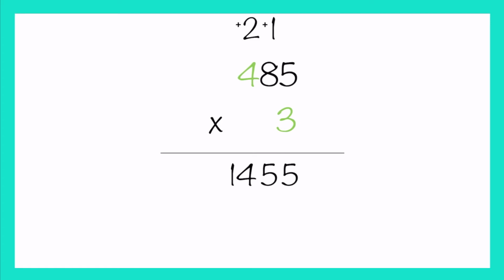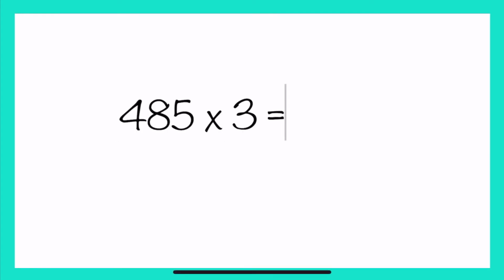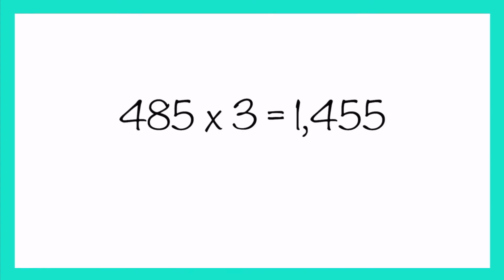And since we don't have anywhere to carry my 1 to, I'm going to keep it down here in the thousands place. Then 1, 2, 3, comma. And there's our answer. 485 times 3 equals 1,455.